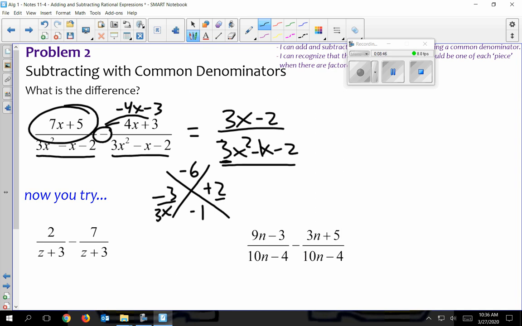So remember, don't just change the sign because I'm not solving it. I'm just trying to factor it. I can reduce this one down to negative 1 over x. The 3's kind of cancel each other out. This one over here, I can't reduce. So now I'm going to get this.